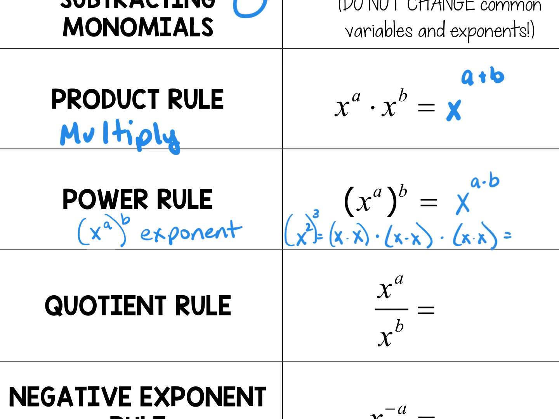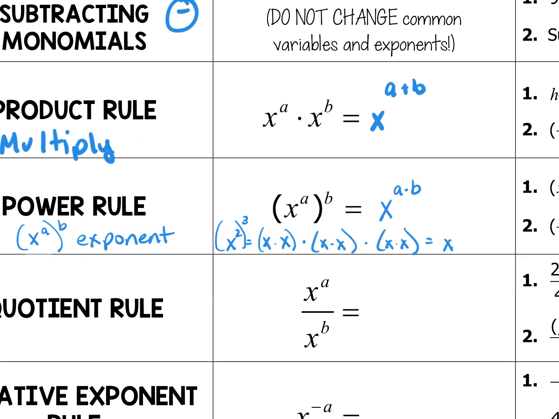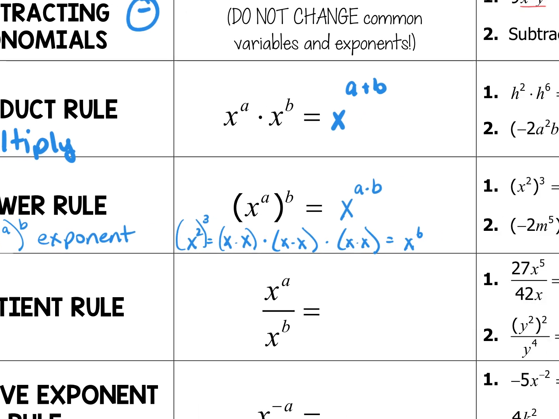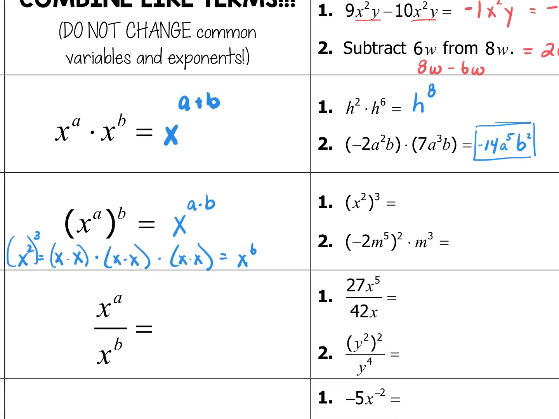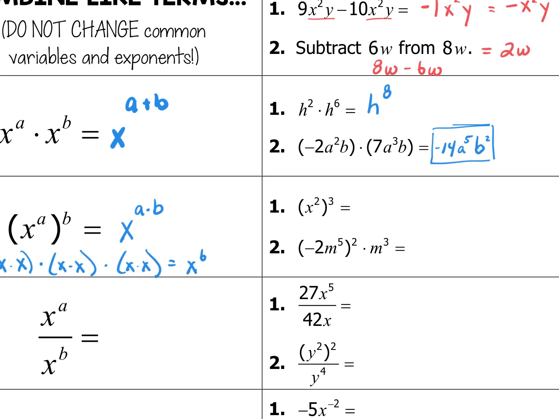And if I were to multiply those together, I would get X to the 6th, because now I have 6 X's multiplied together, okay? All right, so let's look at an example. Oh, I guess I just did the example. Look at that. So we know X squared raised to the third power is X to the 6th.